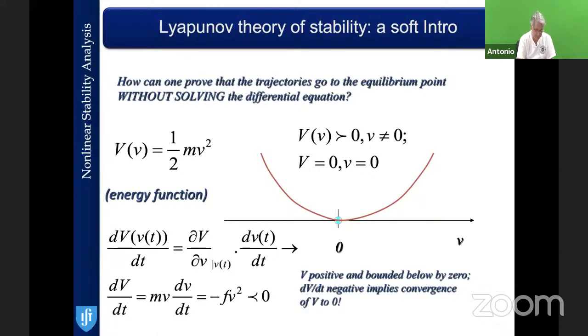And then you compute dv dt. Now here is the magic. If you do dV/dv, what you get is 2mv that you cancel with that. So you get mv along the trajectories. And then you get dv dt.